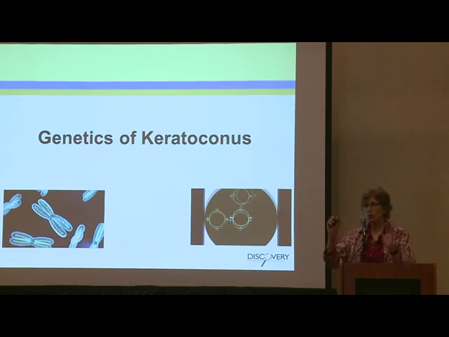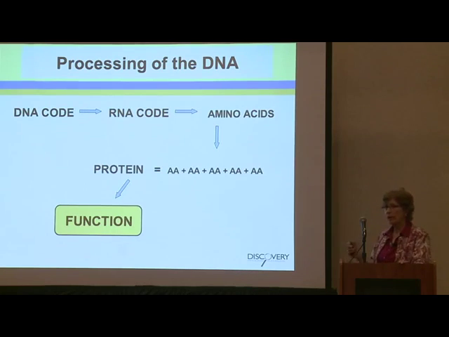So that's sort of the background of keratoconus and why it happens. So what I'm going to do now is switch to the genetics of keratoconus. And people have been looking at the genetics of keratoconus for 20, 25 years. Now, again, high school biology. In every cell, you have DNA.